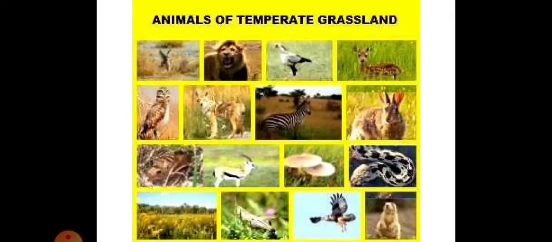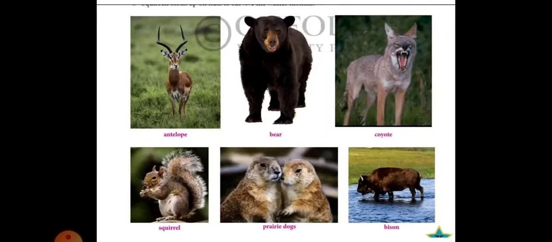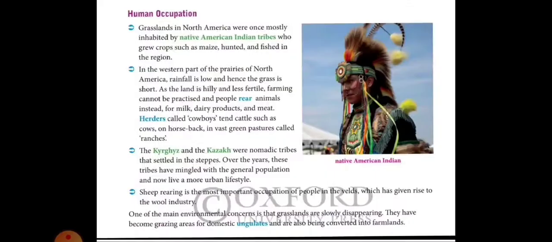We shall now study about the wildlife and human occupation of the temperate grasslands. Grazing animals such as bisons, antelopes, wild horses are found here. Burrowing animals such as jackrabbits, gophers, and prairie dogs also live here. Snakes, coyotes, pumas, and insects like grasshoppers are common here. Koalas and kangaroos are found in the downs of Australia.